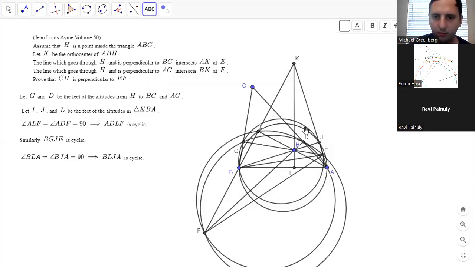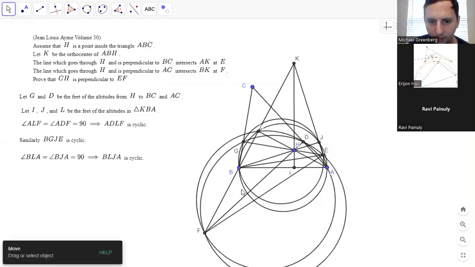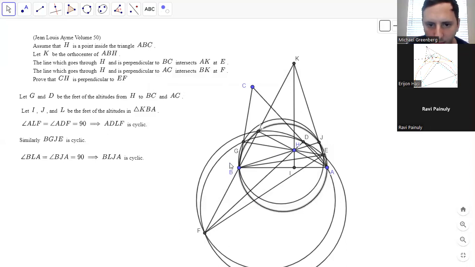But yeah, there's 4 different circles here. So did I miss one? BGJE. Oh, the one that we're trying to show is the one that I missed.